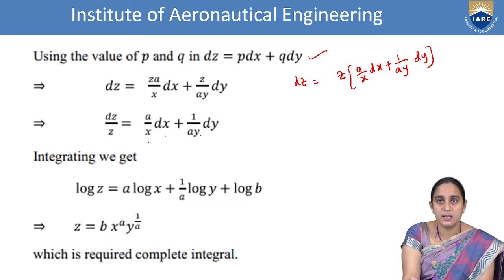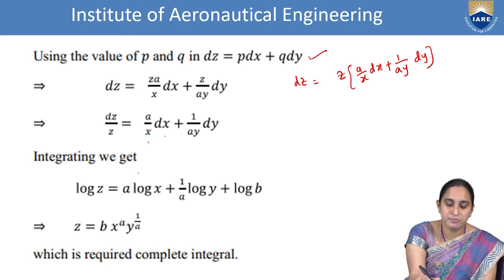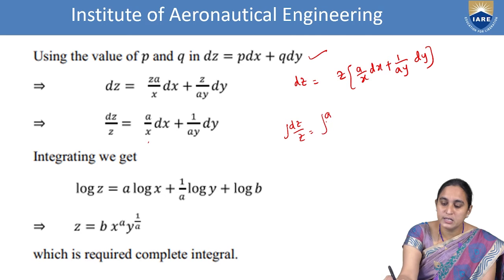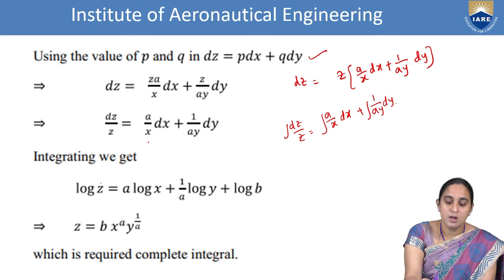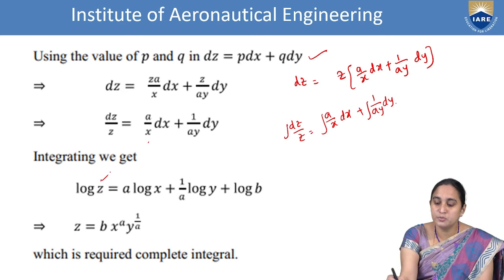Integrating both sides again, the integration of dz by z is equal to the integration of a by x into dx plus the integration of 1 by ay into dy. That is 1 by z integration with respect to z as log z. That is equal to, a is a constant with respect to the integration with respect to x, so I'll take a outside, and 1 by x integration gives a into log x.